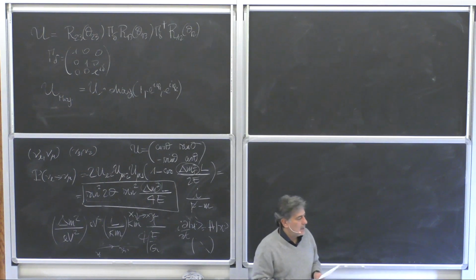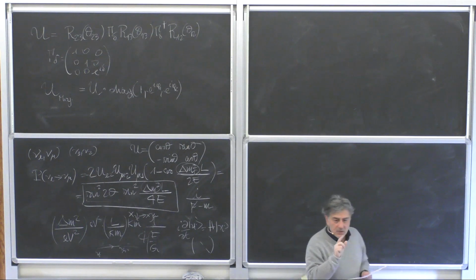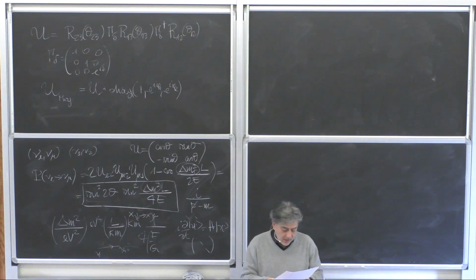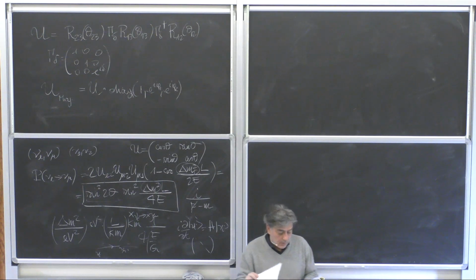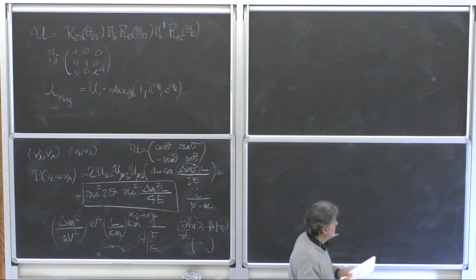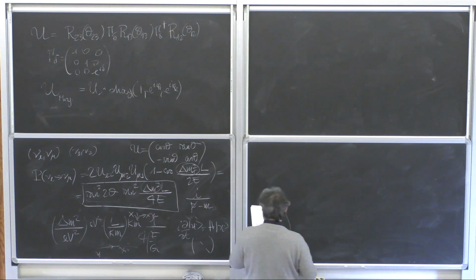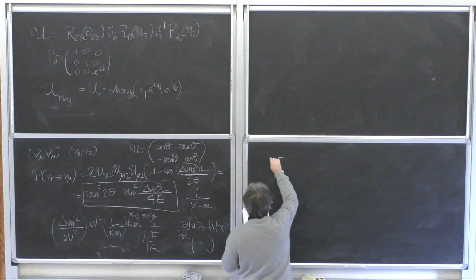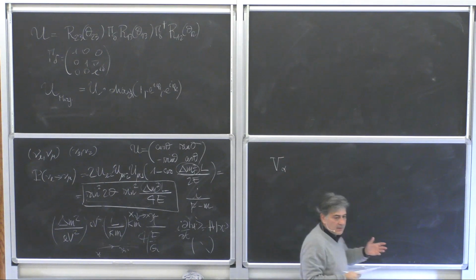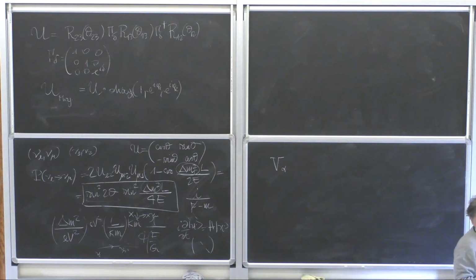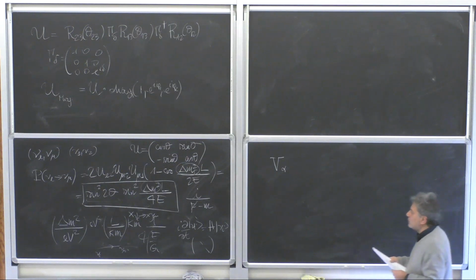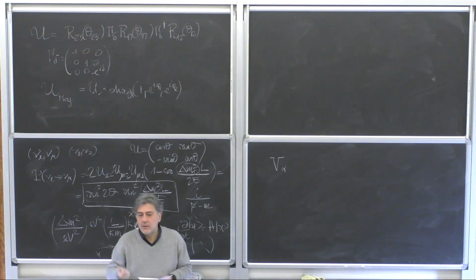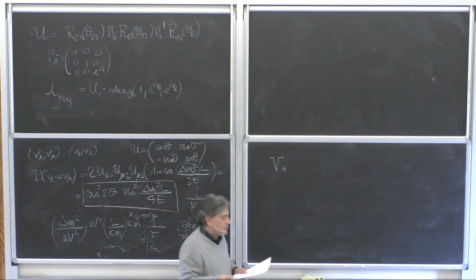A sketch of the proof is in the notes, but here I just want to report the result. So if you consider all the flavors, the effect of constant density matter on neutrino propagation is to add to the Hamiltonian a new interaction term.